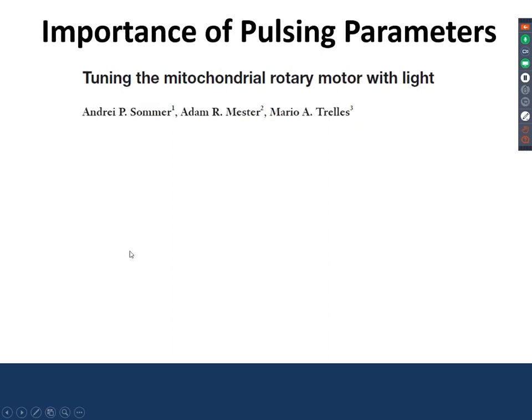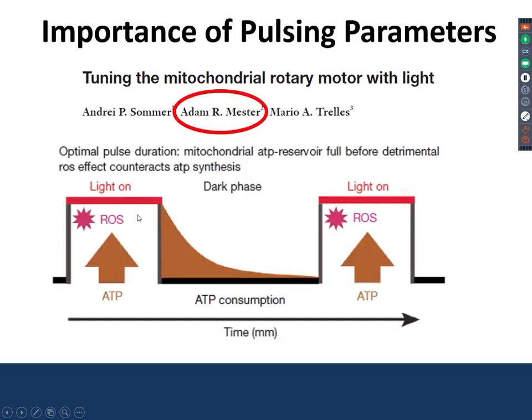Now, when we talk about pulsing the light, remember I mentioned Andre Mester. Well, his 2 sons have continued on to do some research, and Adam Mester, one of his sons, has looked into pulsing. And really what they've concluded is that when you pulse the light, you can tune the mitochondria of the different cell types to be stimulated more efficiently.